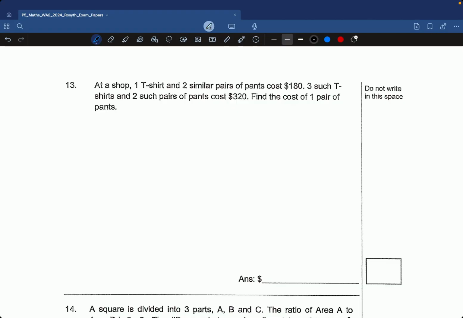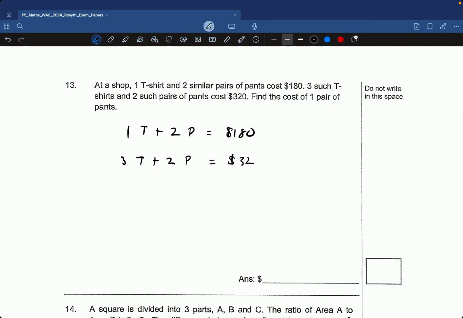Okay, so let's make it simple. One tee plus two pants is equal to $180. And then we have three tee plus two pants is equal to $320. So can you see what we can do?